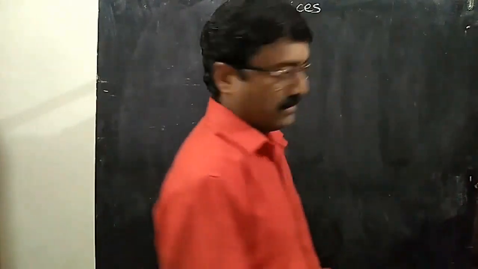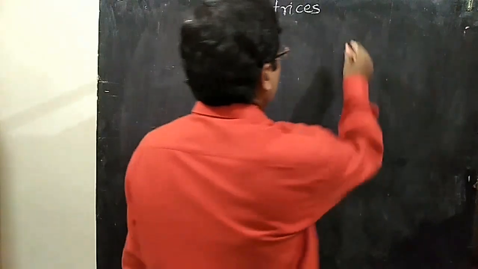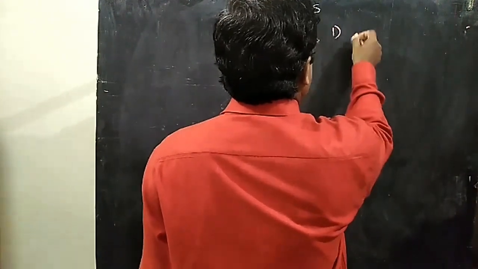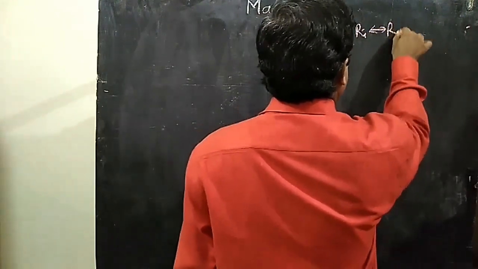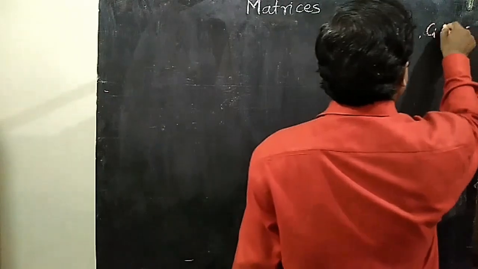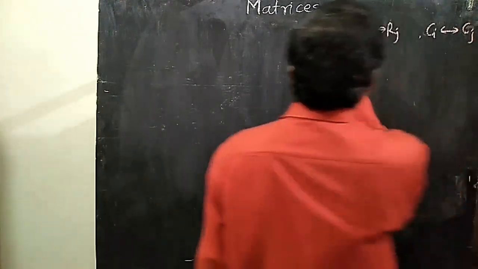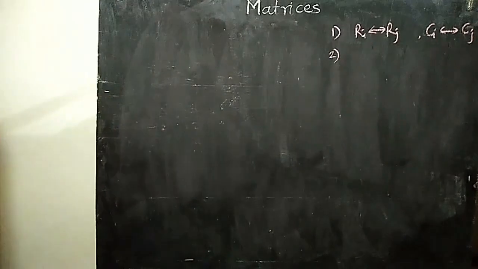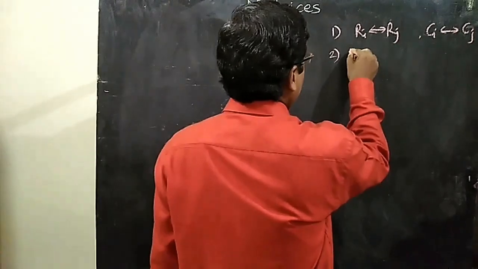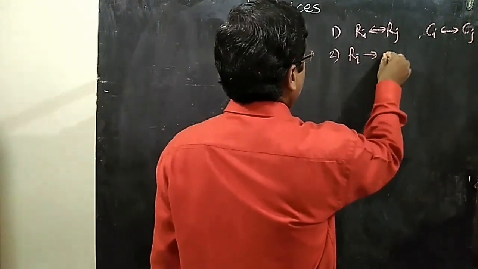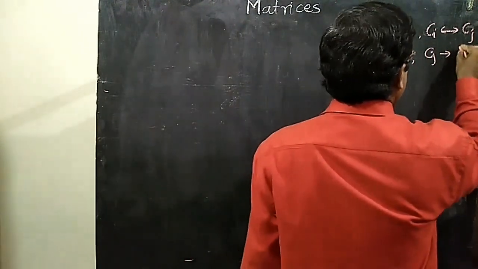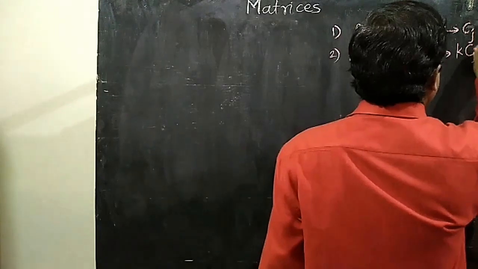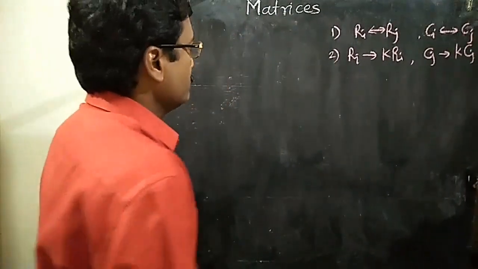I will once again note down the basic elementary operations. First operation is interchange of rows and interchange of columns. Second, multiplication of all elements of a row by a scalar, that is Ri gets changed into k Ri, or Cj is changed into a multiple of all elements of that j column.